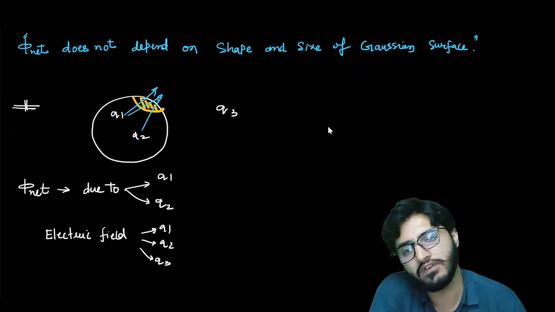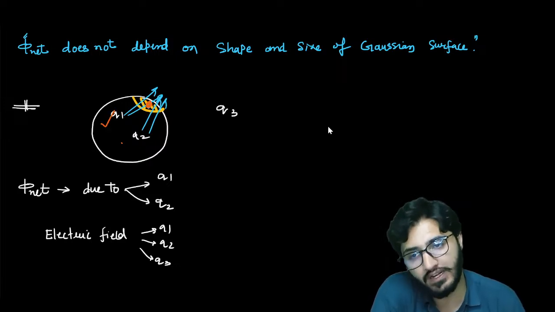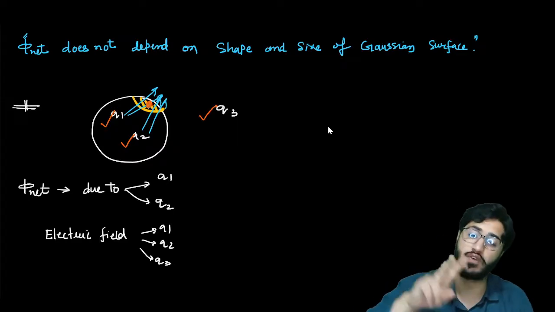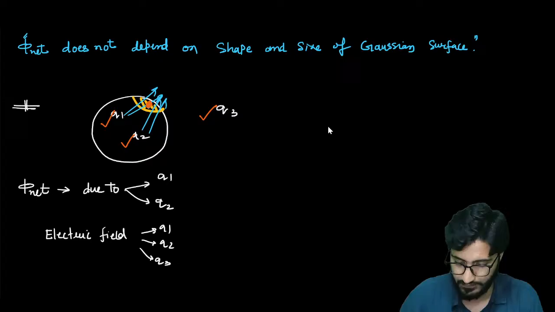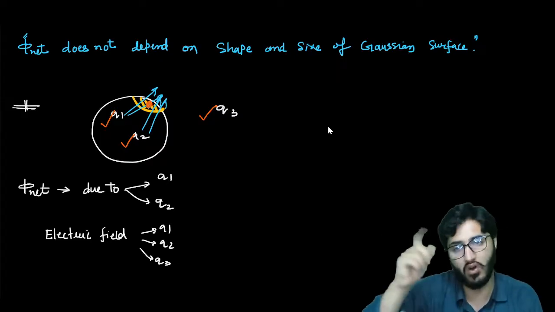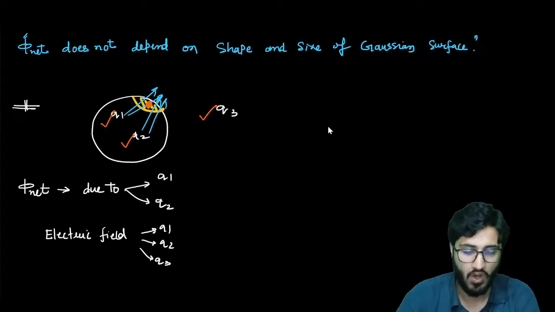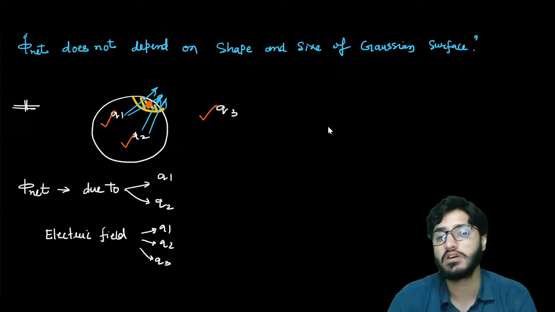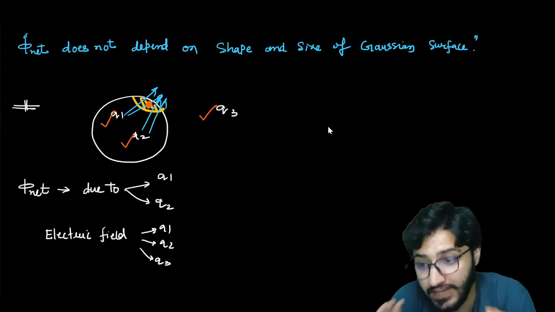But if you need to understand the electric field, this will also contribute, this will also contribute, and this will also contribute. Inside charge is only for net flux, but all the charges, inside or outside, are responsible for the electric field.